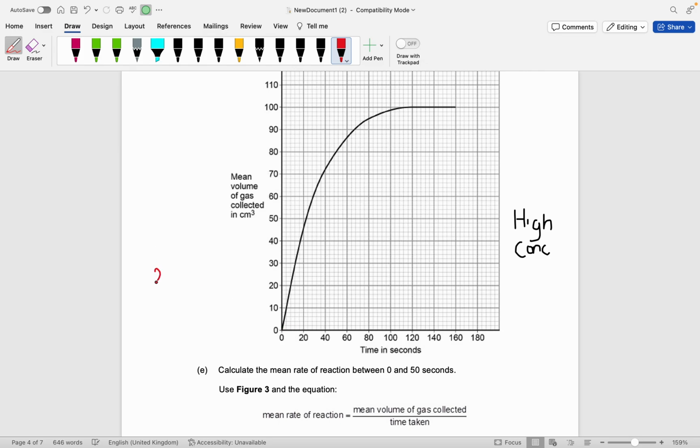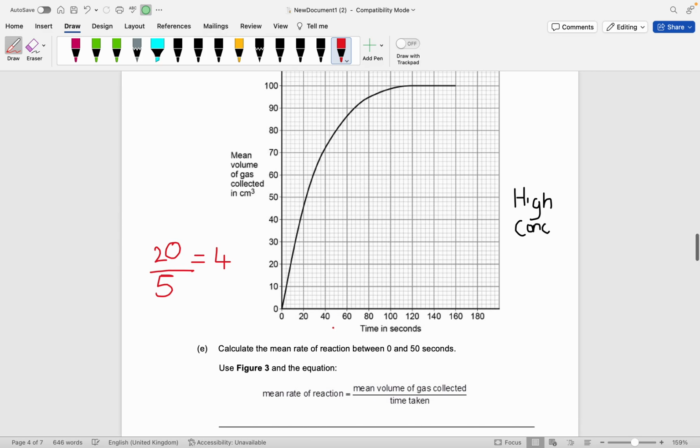So I'm going to do 20 divided by 5, which gives me 4. So I know that each little square is worth 4. And I've got to get to 50. So I'm going to go 40, 44, 48, and then that would be 52. So I'm going to go in between there.